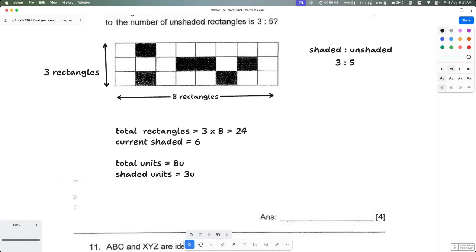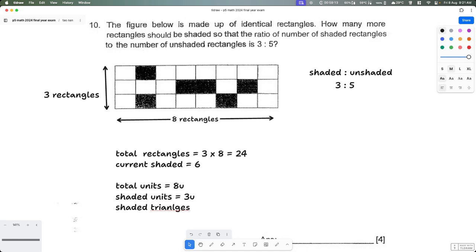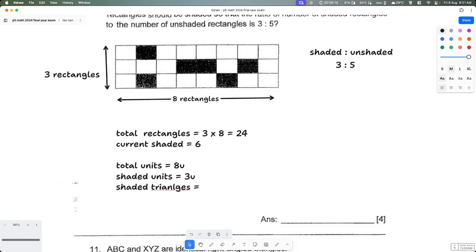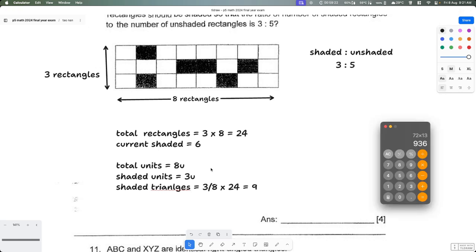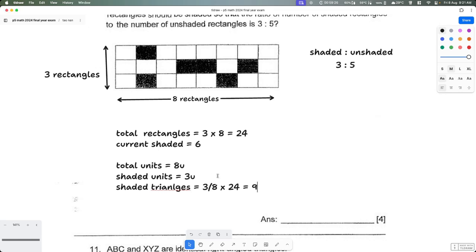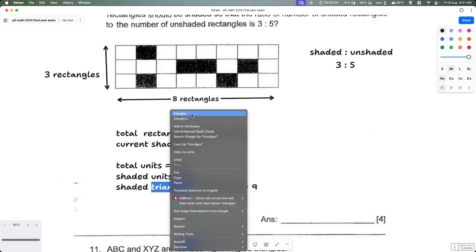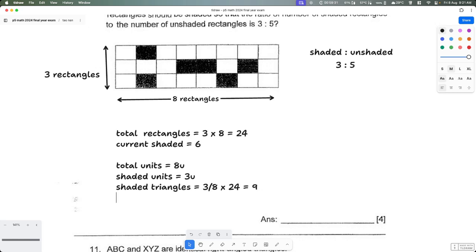That means shaded rectangles is equal to 3 out of 8 times 24. So we can go 3 divided by 8 times 24. This will give us 9.